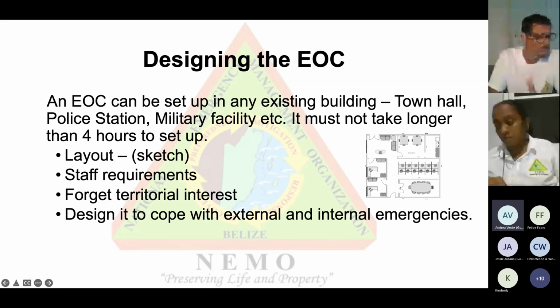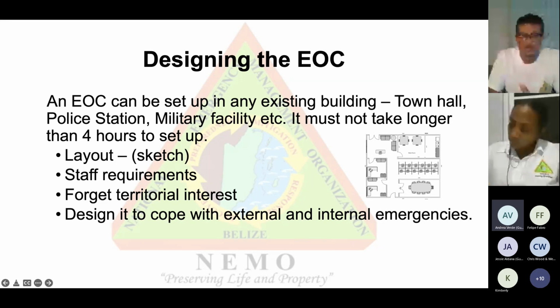I think there's only two purpose-built emergency operations centers in the country, one at the national level and one, I'm happy to say, in Toledo district for us, right? So those were purpose-built as an emergency operations center. And I'm sure Corozal and different parts of the country will get their purpose-built EOC in due time.